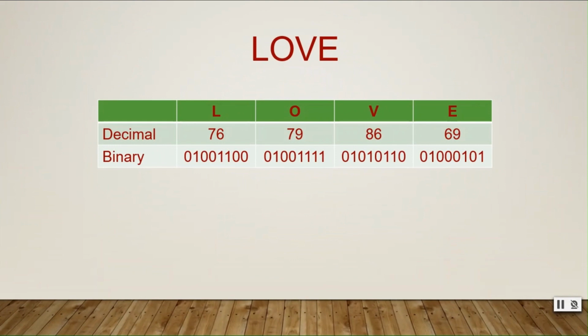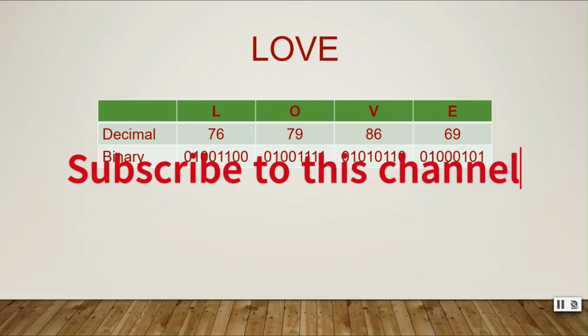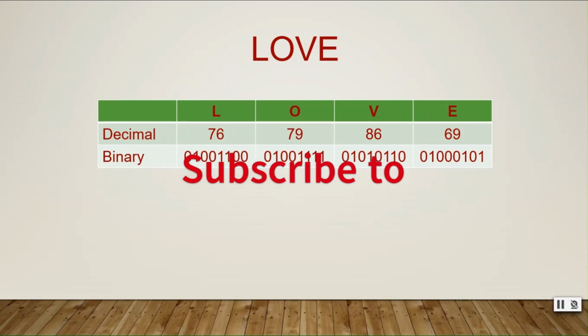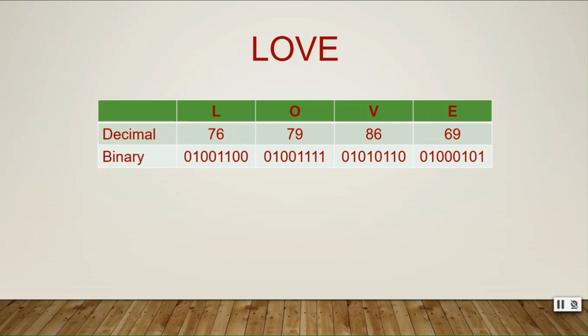If we want to write the word LOVE in the decimal system, the L, using the ASCII code, is represented by the number 76, the L capital. The O capital is the number 79, the V capital is the number 86, the E capital is the number 69. If you convert 76 to binary, it would be 01001100.